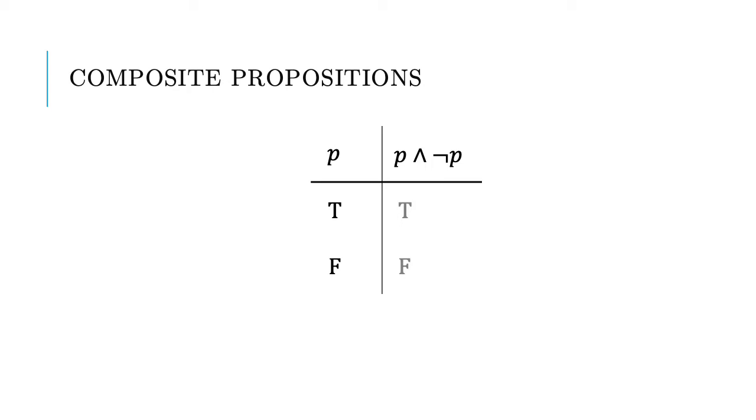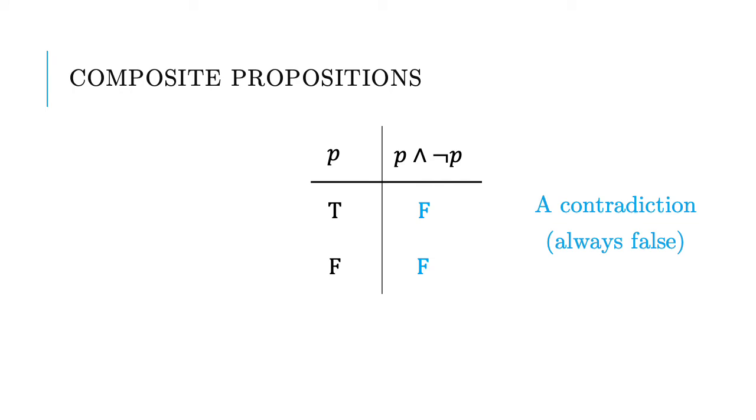Our next proposition is P and not P. And when we plug in the values of P and not P, and then consider the character of AND, which is true only if both conjuncts are true, we notice that this proposition is always false and never true.